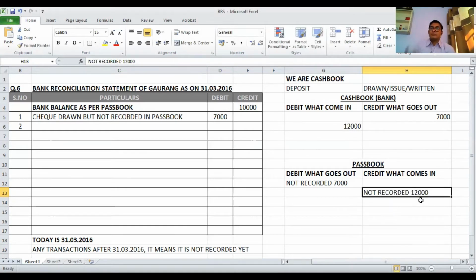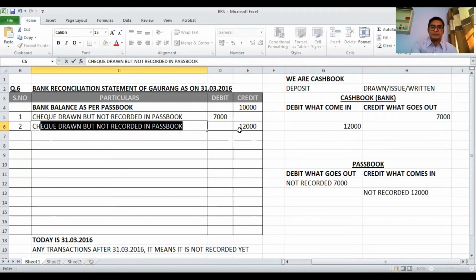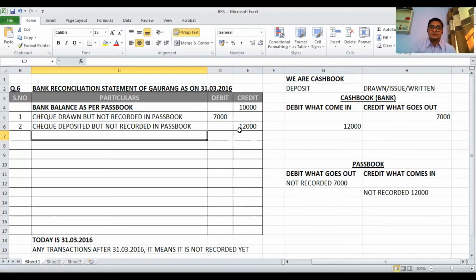It is recorded but after 31st March. So today this check is not recorded and now we have to record it on credit side for 12,000 rupees. That is check deposited but not recorded in passbook. Simple.